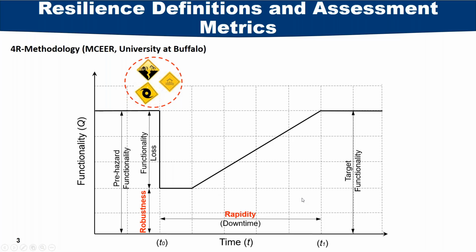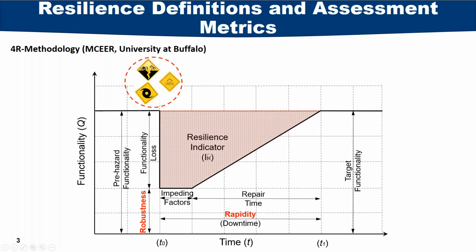This happens over time, which is defined as rapidity, or downtime, that includes the time needed for overcoming the impeding factors such as inspection crews, the office work for processing the evaluation, and the actual repair time. This area is called the resilience loss indicator, which we target to make smaller. And this time is, as I mentioned, the end of repair.